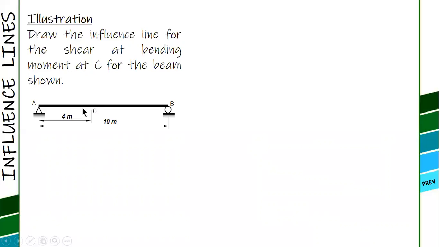When drawing the influence line for shear and moment, you remember this, you will have two equations for shear: one equation when the unit load is before the point, and one equation when the unit load is after the point, when it already passes the point.